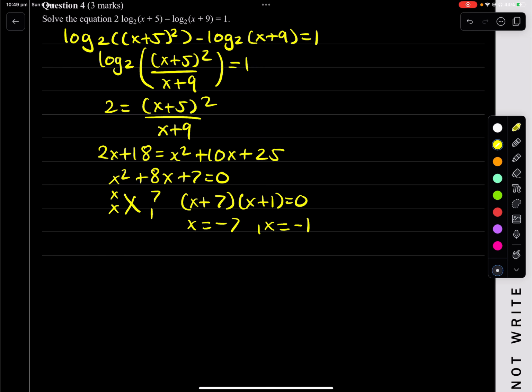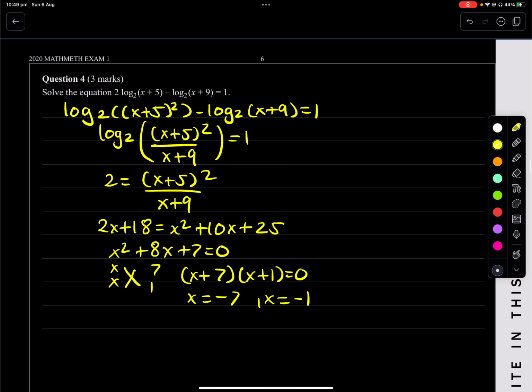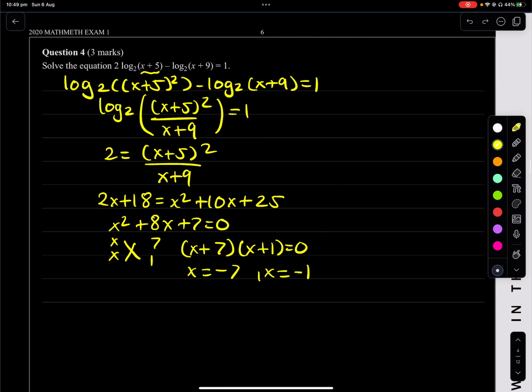Now, you want to be careful because one of these two values could actually be wrong. We need to double check if these values meet the condition of a logarithm. The inside of any log must be positive. It cannot be negative. Let's sub in the first value, negative 7.